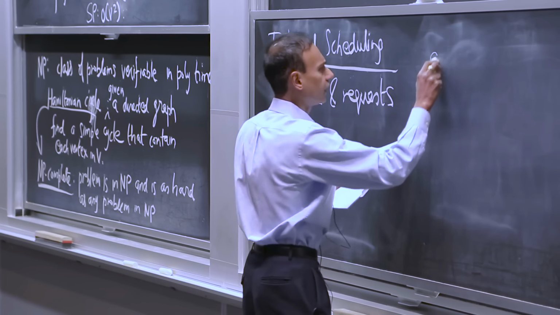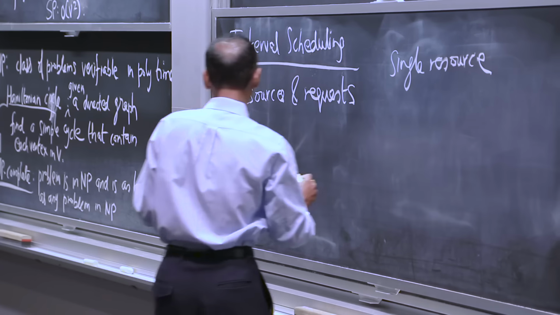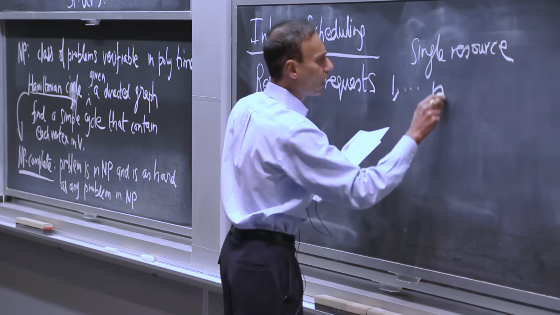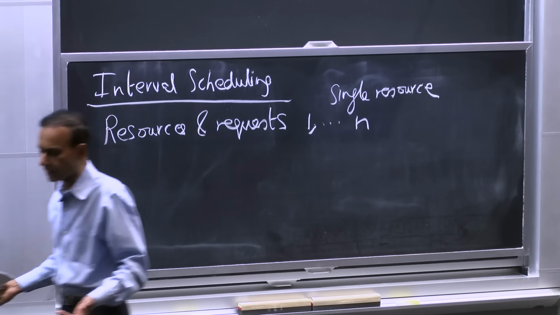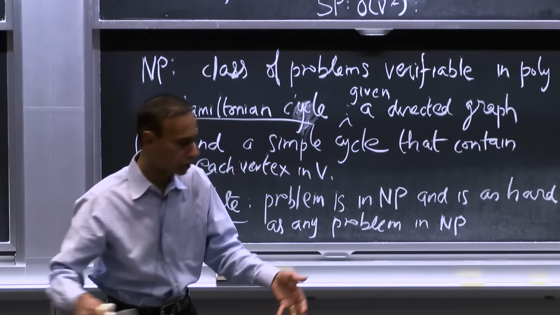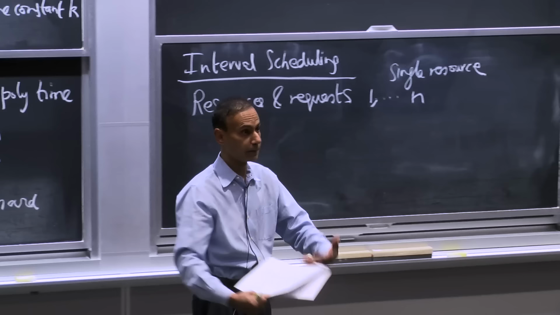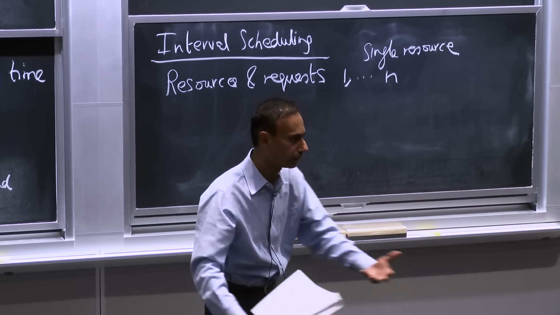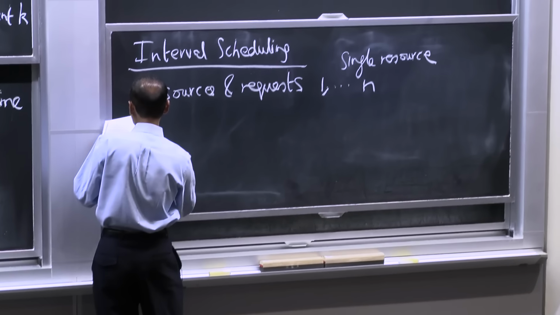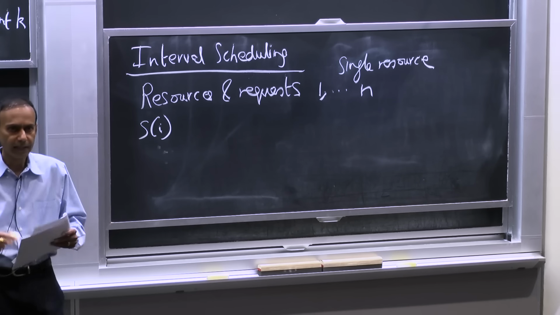We're going to have a single resource for our first version of the problem, and our requests are going to be 1 through n. We can think of these requests as requiring time corresponding to the resource. So the request is for the resource, and you want time on the resource. Maybe it's computation time, maybe it's your time. It could be anything.